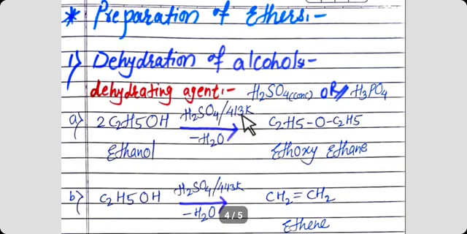Now in the next reaction, again ethanol is there, but it is in a single quantity and the temperature is 443 Kelvin.